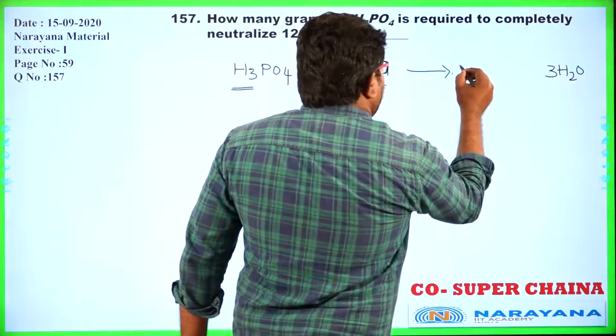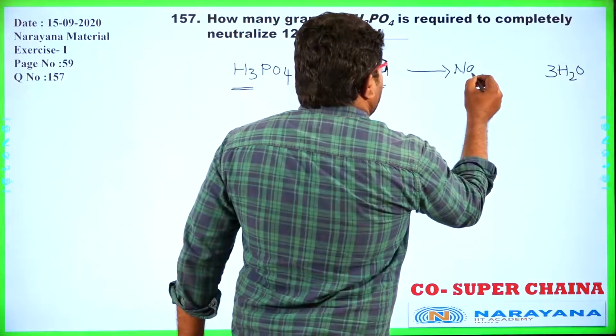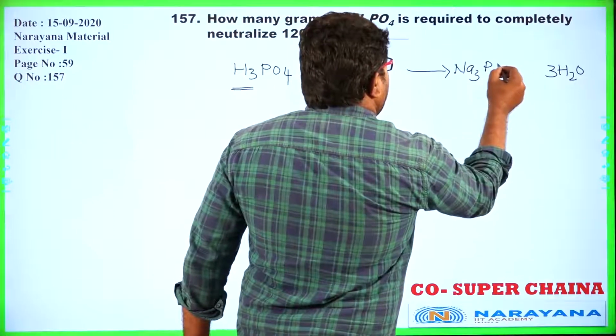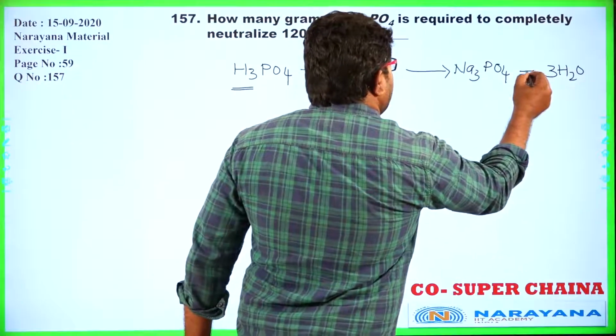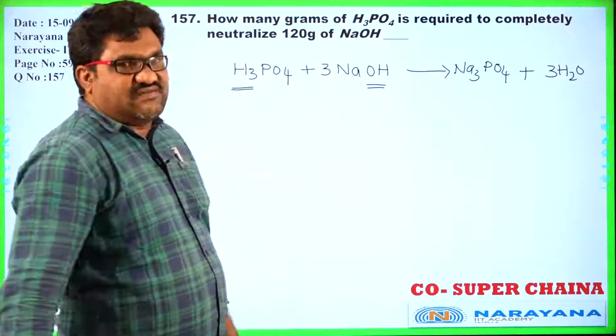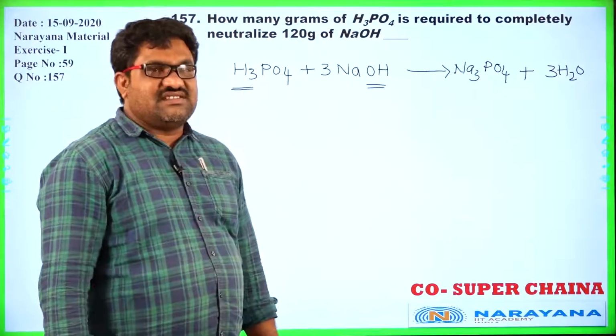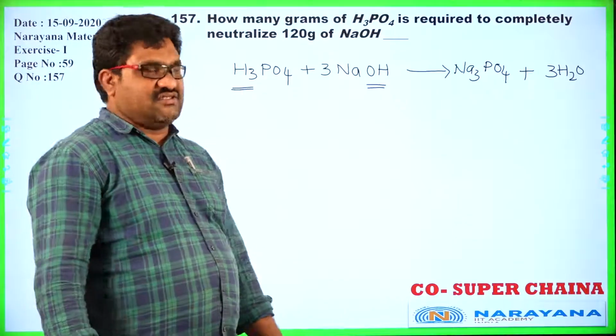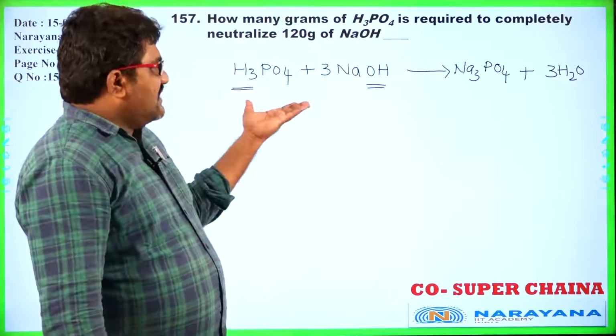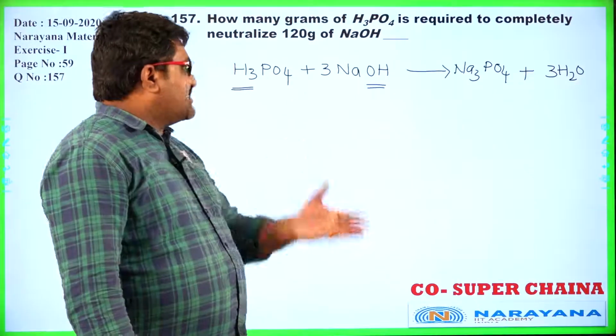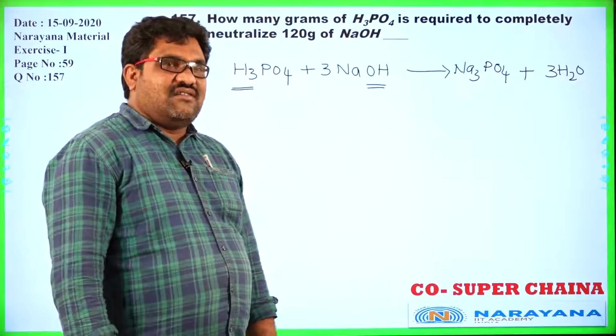And what is the salt formed here? Na3PO4, sodium phosphate, is the salt formed in this neutralization reaction. So, I have written this equation and it is already balanced.